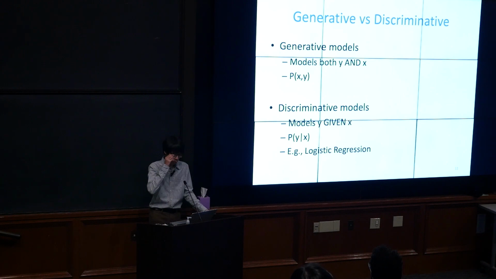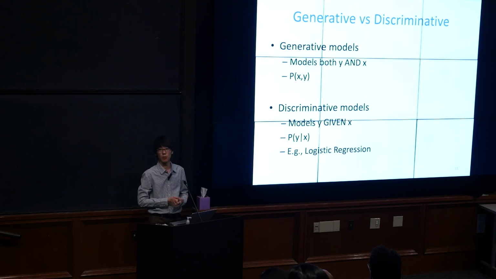Okay, we call this a generative model, and everything else that we've done, including logistic regression, we call discriminative. A generative model models both y and x, right? It models that full joint distribution, which means we can do a lot more useful things with it, and we saw some of that already.